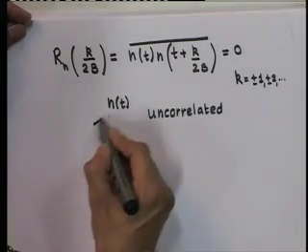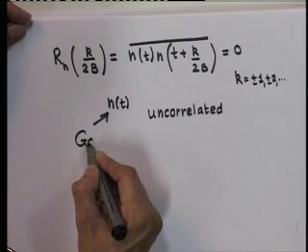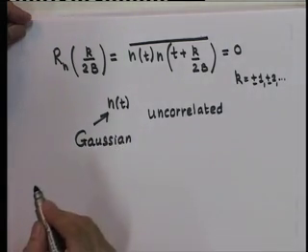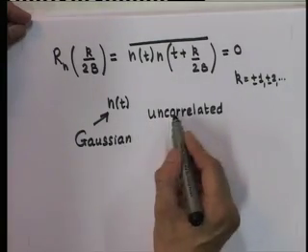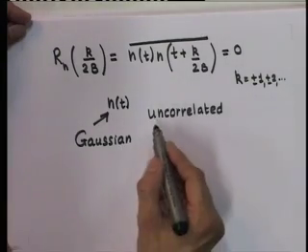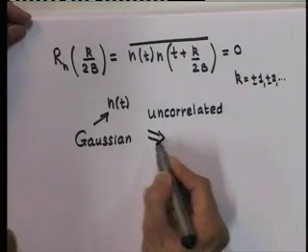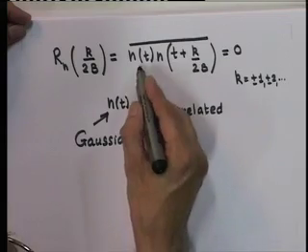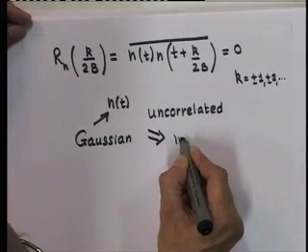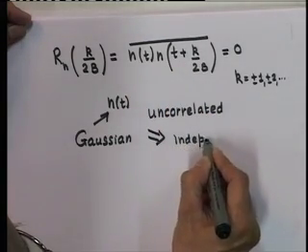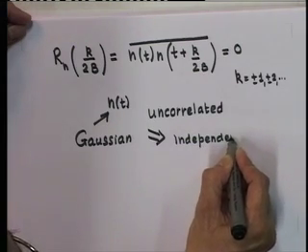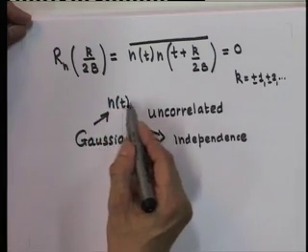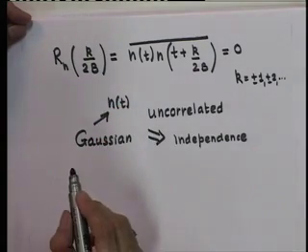Now, because n(t) is Gaussian and it is uncorrelated, it implies that these are also independent. Hence, all Nyquist samples of n(t) are independent.